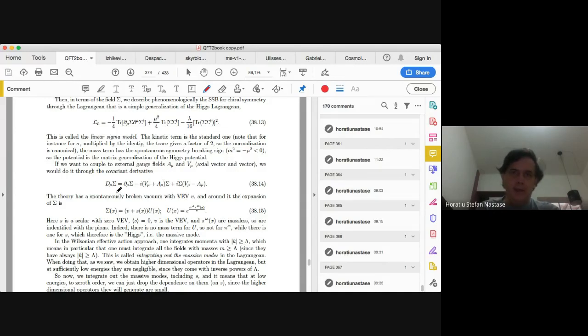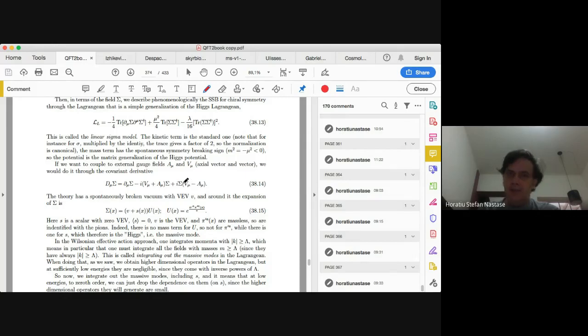So therefore, the covariant derivative is the normal derivative, and then minus I times the left vector, which is V mu plus A mu from the left, times sigma, and then from the right, the right part of the gauge field, which is V mu minus A mu.